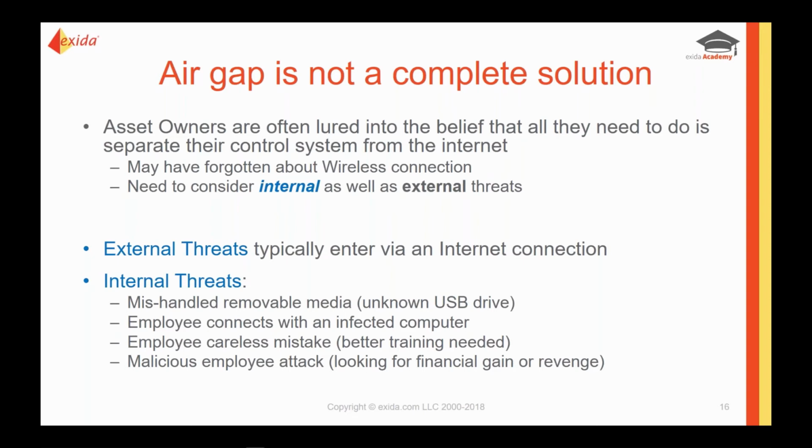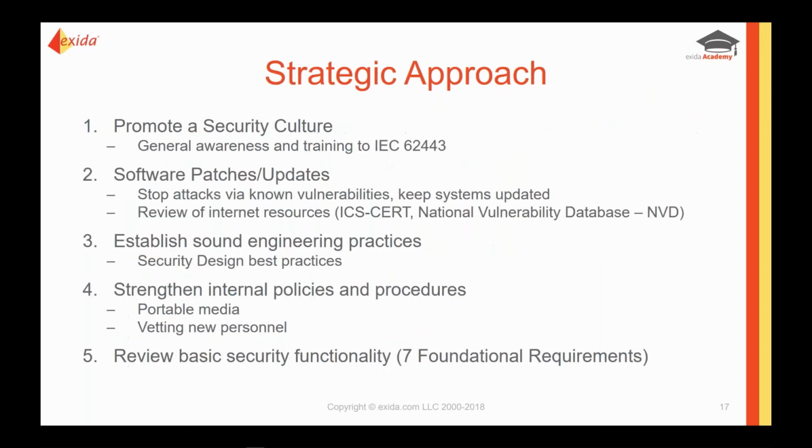So being able to manage the personnel and the competency, as we mentioned earlier, and assess as best as possible the likelihood that an attacker could be in your environment and not yet known, that is certainly an internal threat. Just because you're air gapped doesn't mean that you're not subject to potential security attacks.